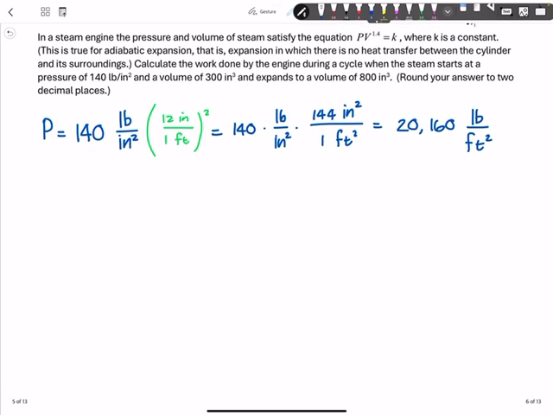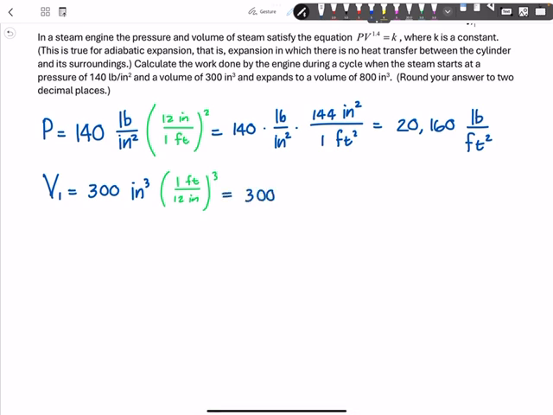I also want to convert the units for the 2 volumes. The first volume that we're dealing with is 300 cubic inches. Again, my conversion factor is 1 foot equals 12 inches, but we need it cubed in this case, since we're working with a unit cubed.